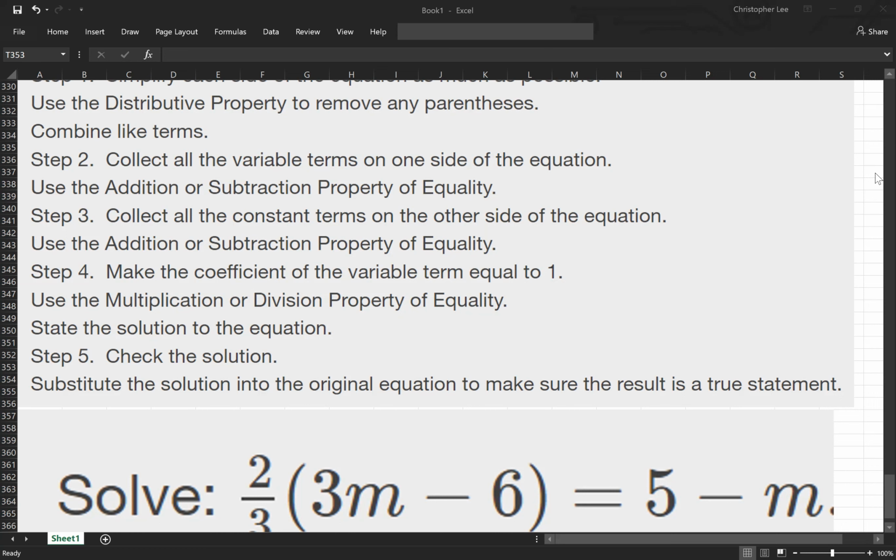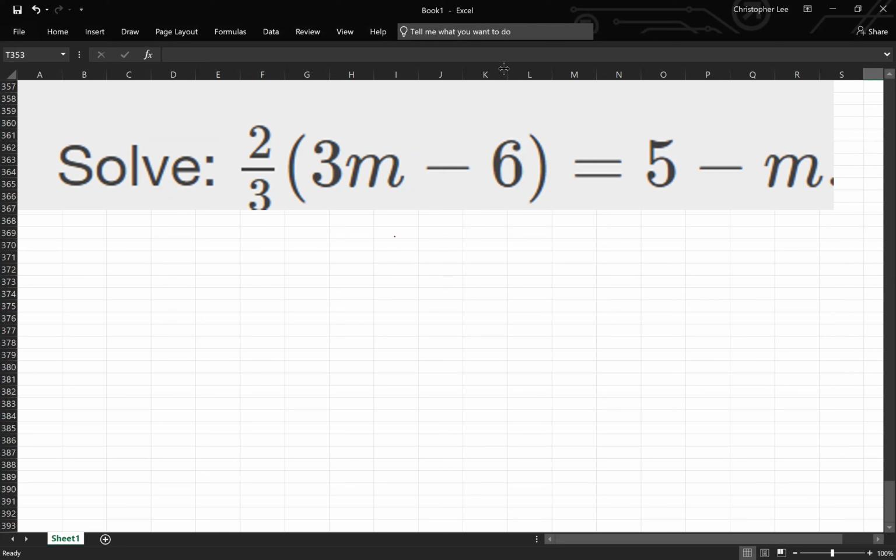Okay. So long story short, I have this equation here and I want to solve for m. My goal here is I want all my m's on one side, all my numbers on the other. So the first thing I'm going to do is distribute the 2 over 3. Let's look at what happens.